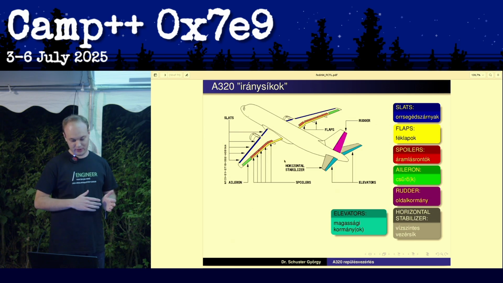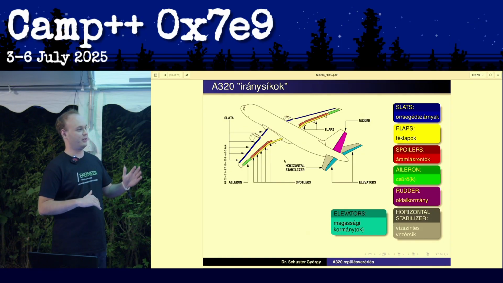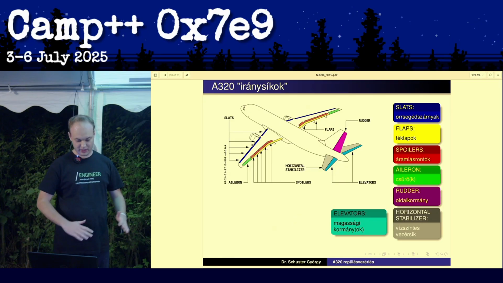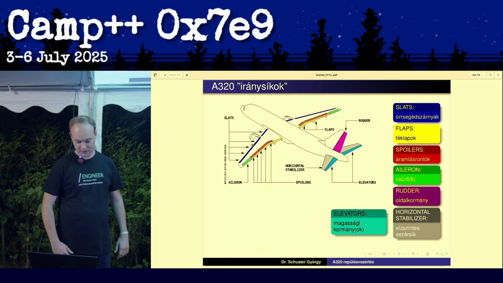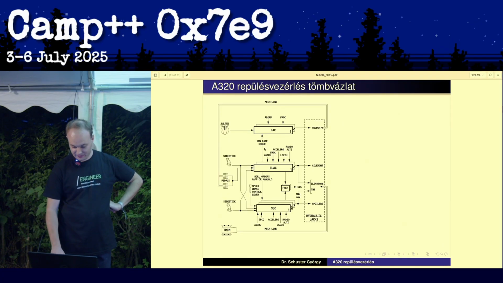And on modern airliners like the A320, they are also controlled to help the ailerons a little bit. And you also have the slats, whose purpose is the same as with the flaps. They are just at the front and they help a bit over there.